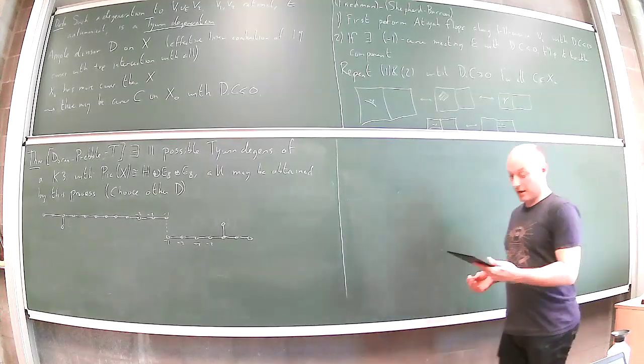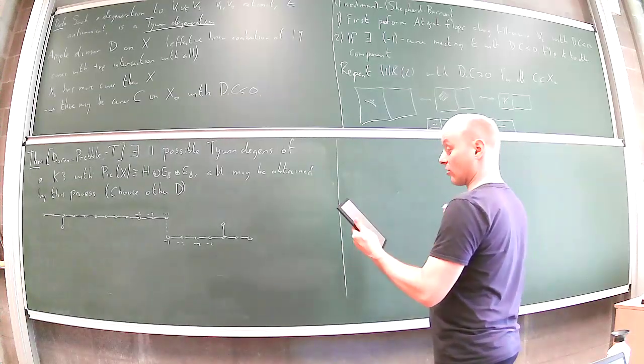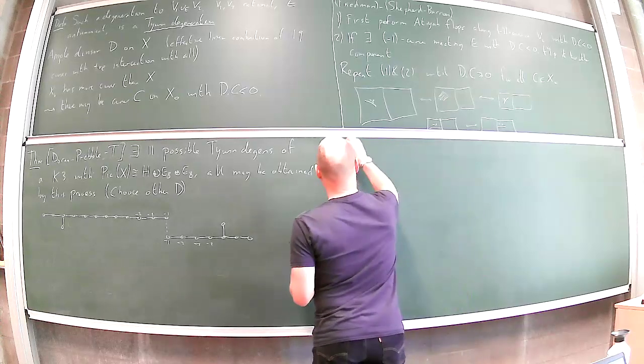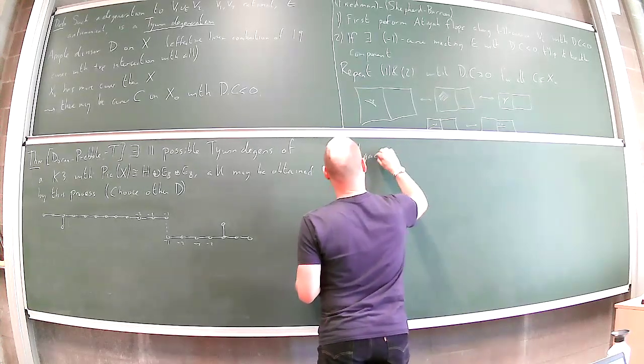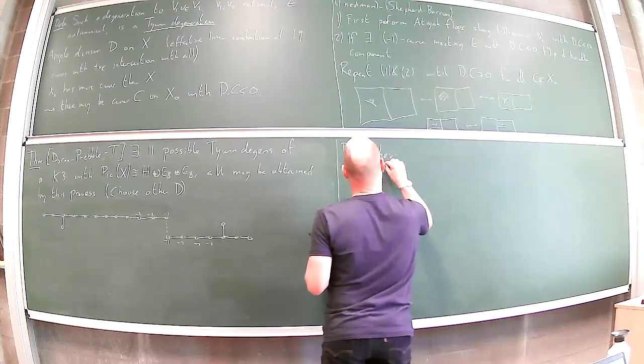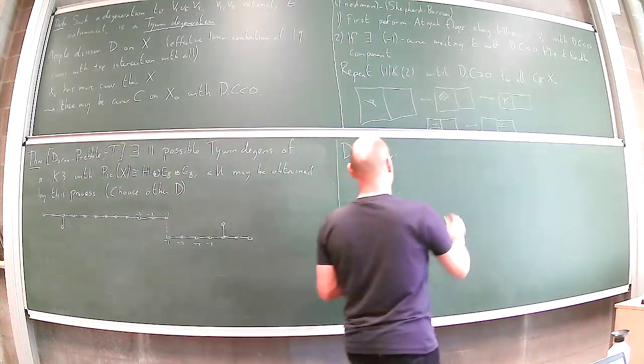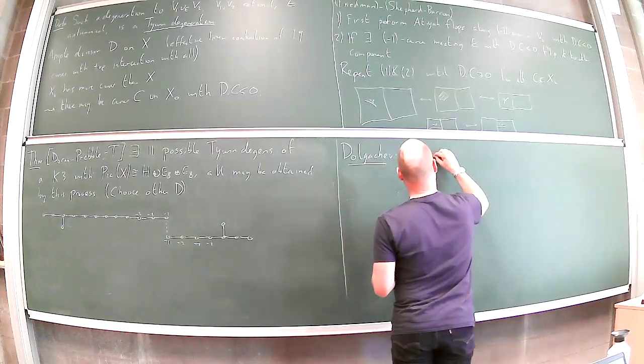Essentially this family has been known for a long time, but this is long before lattice polarizations came along, right? So if you want to know about mirror symmetry for K3s, you look at the paper from the mid-90s by Dolgachev. And what does it say?